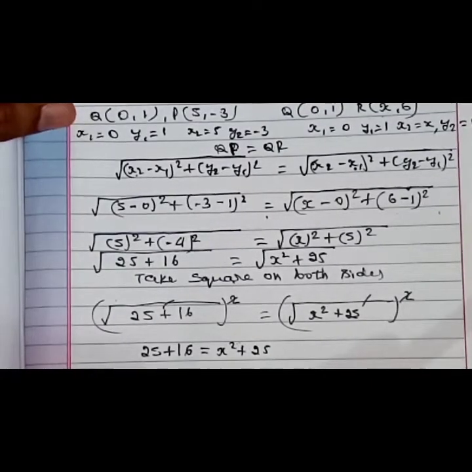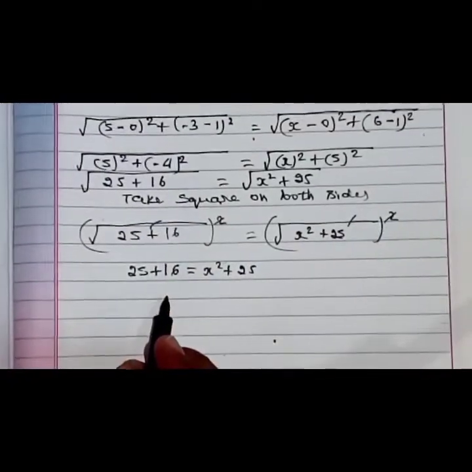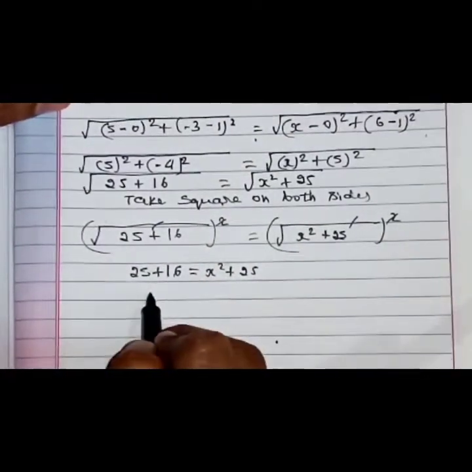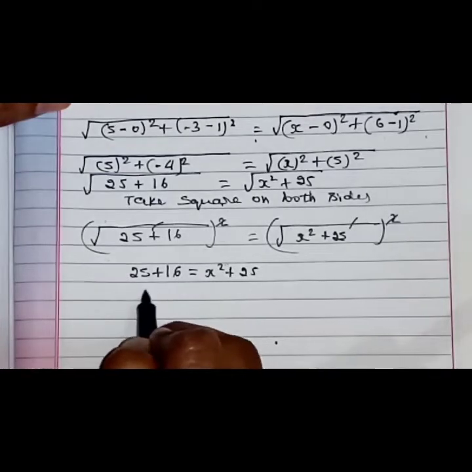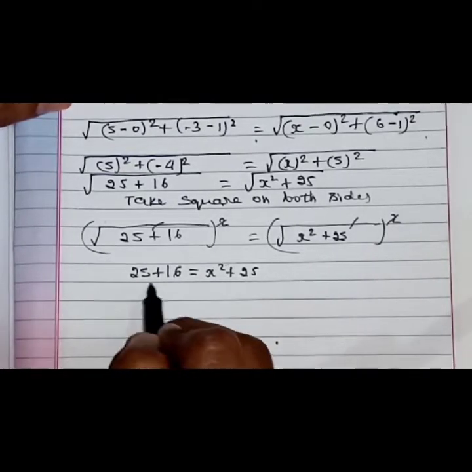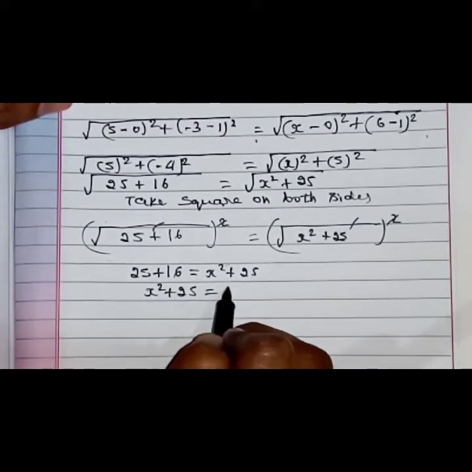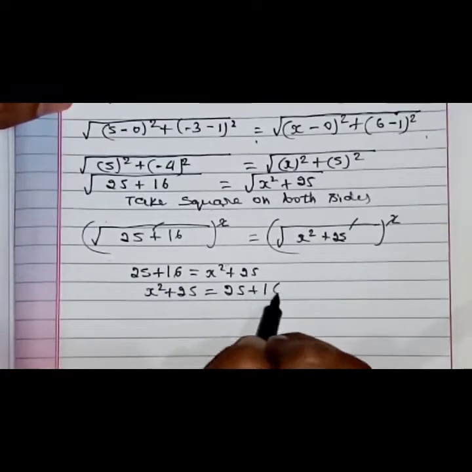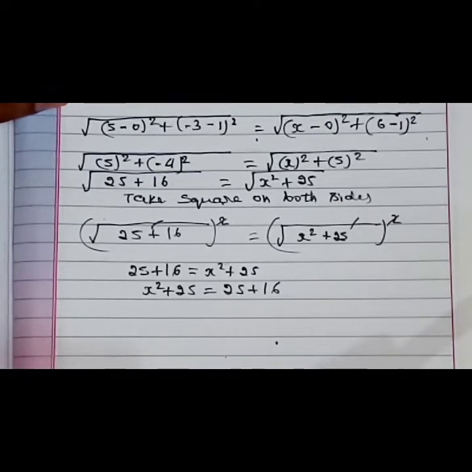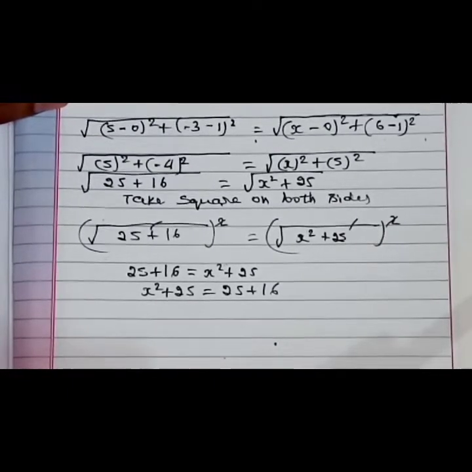Now I'll write the reverse of this, simply I am interchanging the LHS to RHS, RHS to the LHS, right? x square plus 25 is equals to 25 plus 16, right children? So just to understand for you people, right?